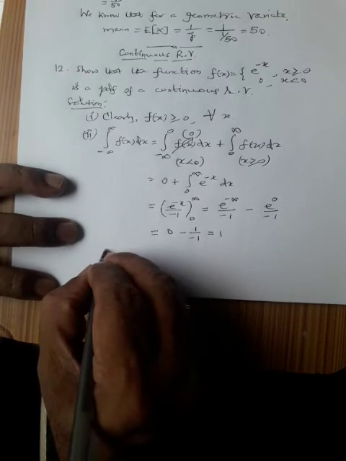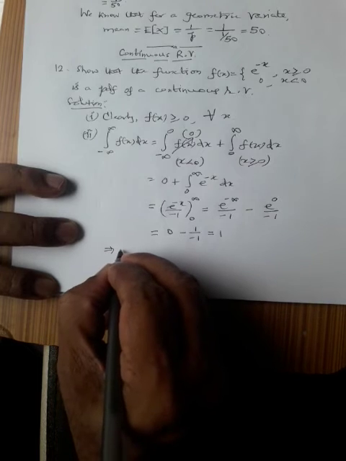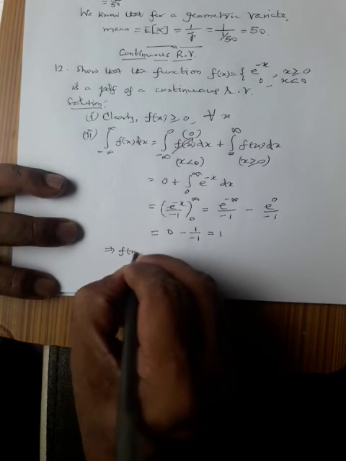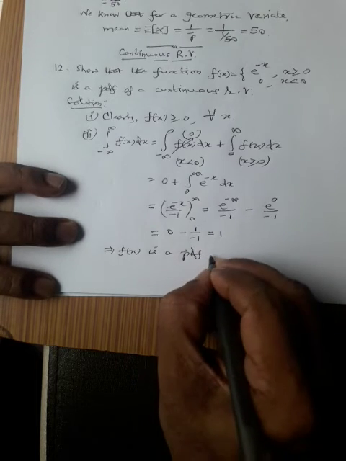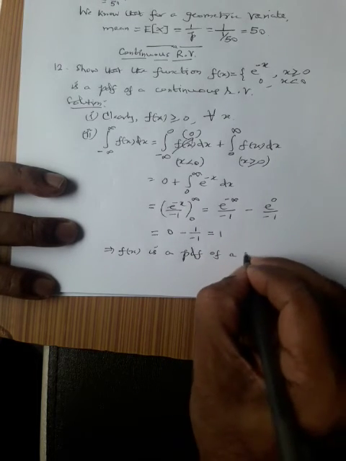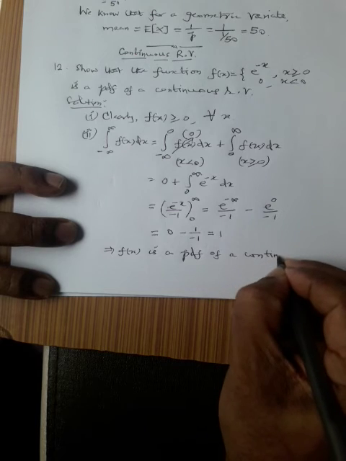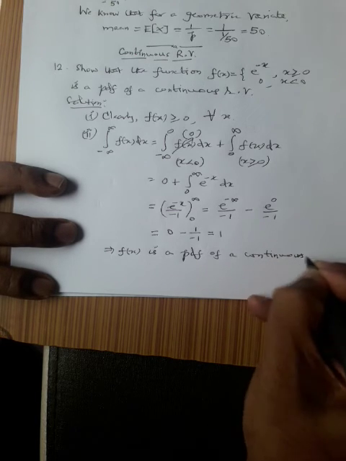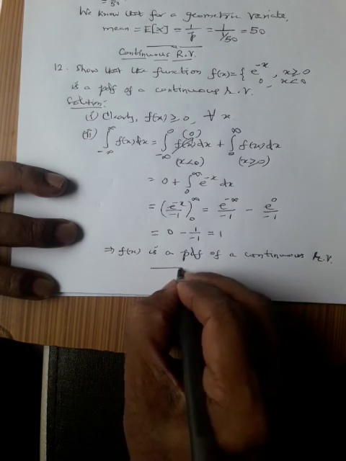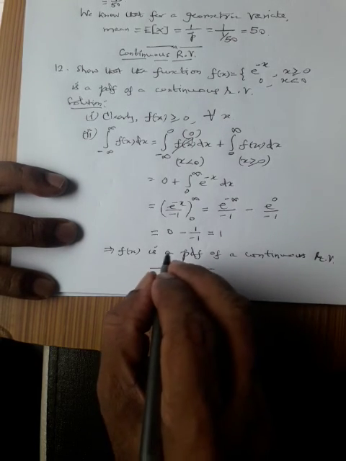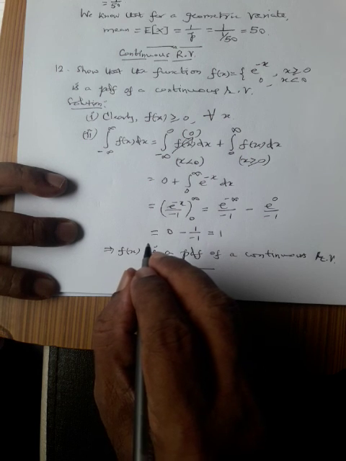So both conditions are satisfied. Therefore, the given f of x is a PDF, a probability density function of a continuous random variable. So this completes problem number 12, and video 8 is also completed.